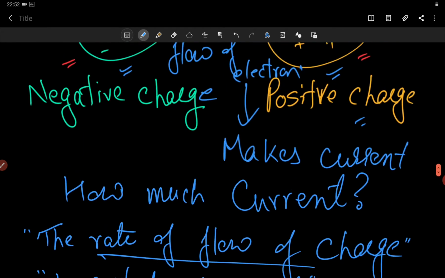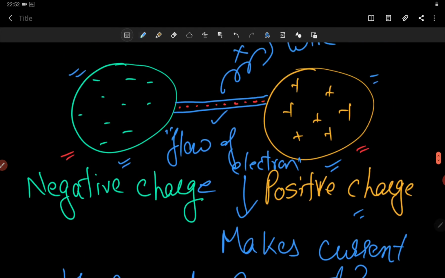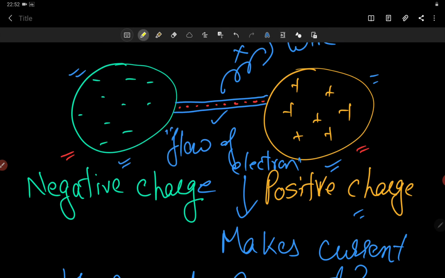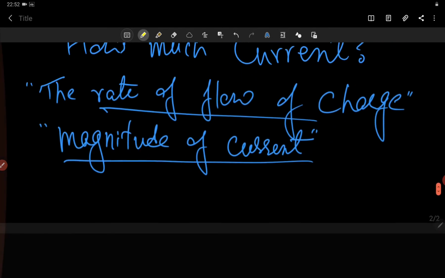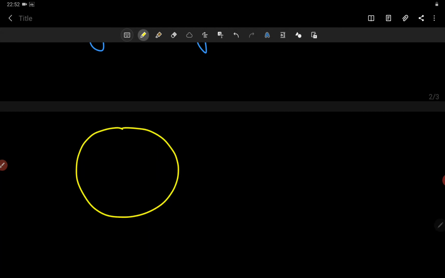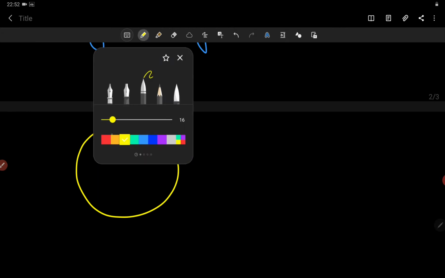That means if we slice the wire, what do we get? Since all the wires are generally cylindrical, when we cross section it, we get a circle. So this becomes a cross sectional area. They are talking about this cross sectional area.